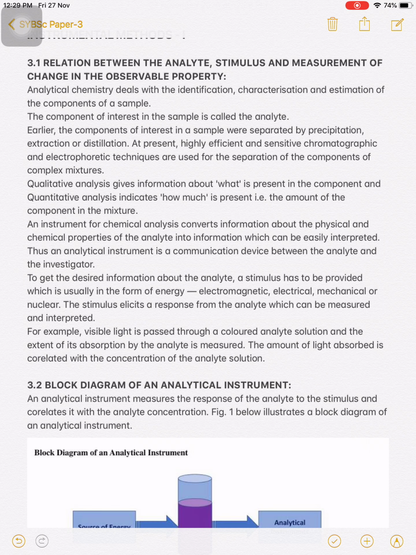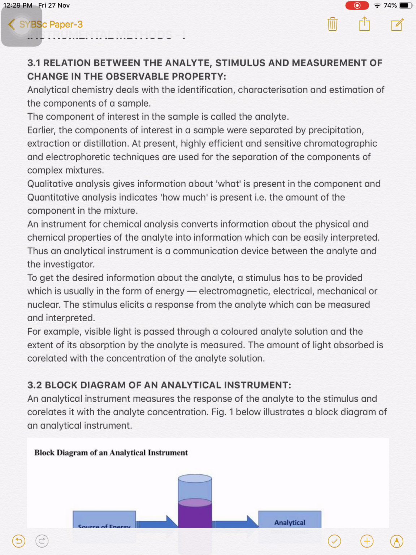The component of interest in the sample is called the analyte. Suppose nicotine is there, from the leaf of that plant we extract exactly the nicotine, so that component of interest of that sample is nicotine. That nicotine is known as an analyte.